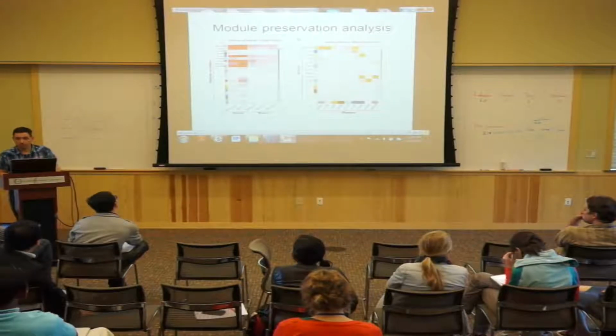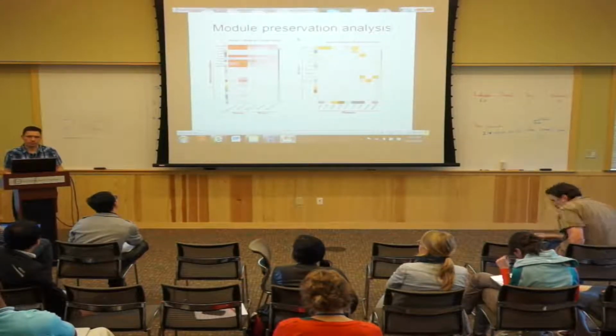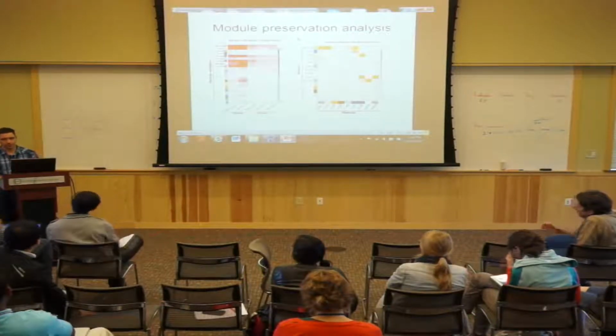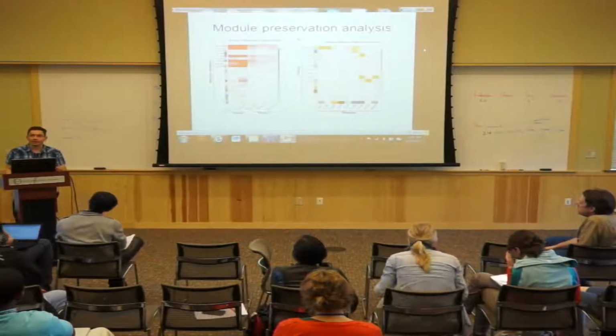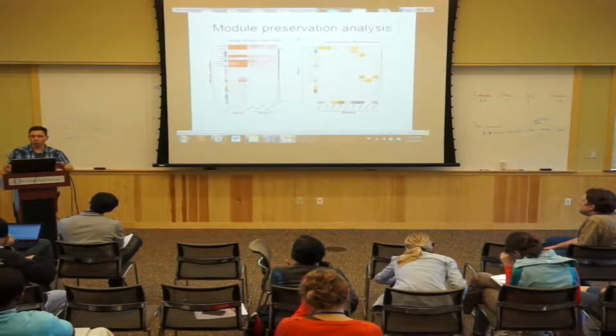Just to be clear, the data sets you're getting from these other papers, are they all including expression data, or could you just take a list of genes? No, these are expression data. Okay. If I just had lists of genes, I would use just overlap.